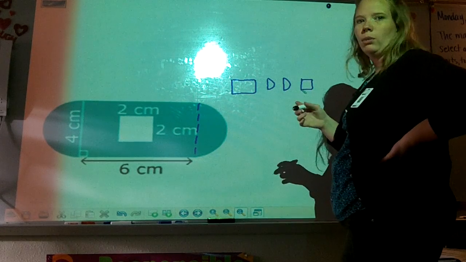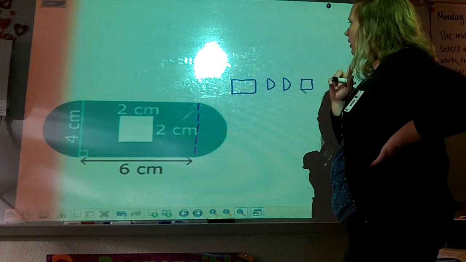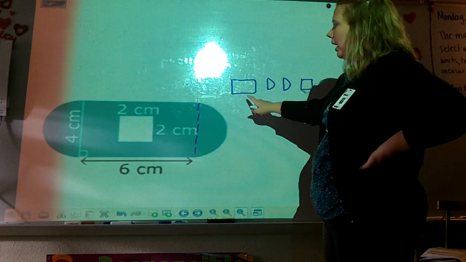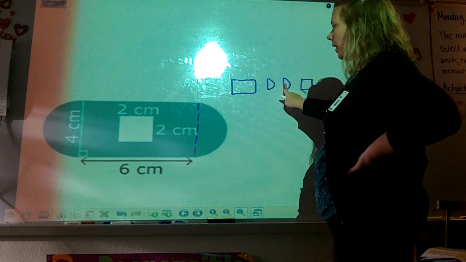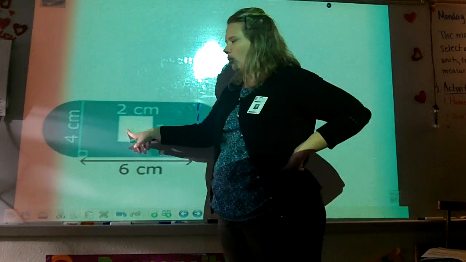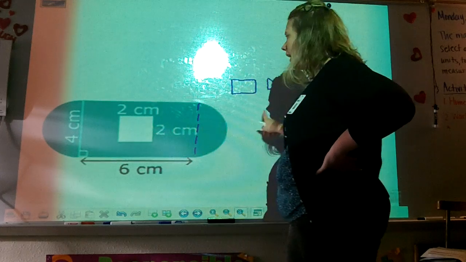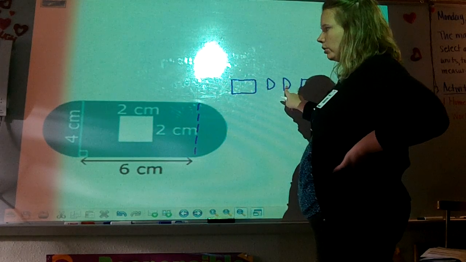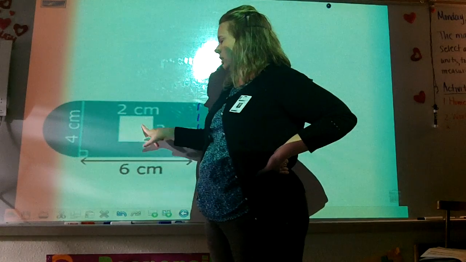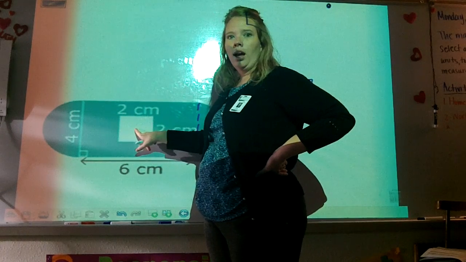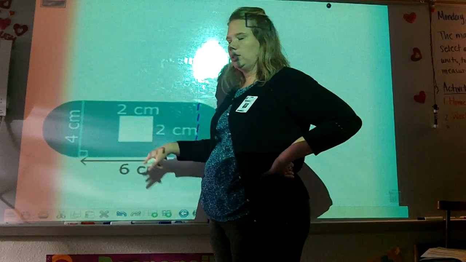Now I need to decide, am I going to add these or am I going to subtract these? Well, to find the area of the shaded region, I need to add the rectangle and the half circles. But this has a donut shape in the middle, so this donut-like square in the middle needs to be subtracted.